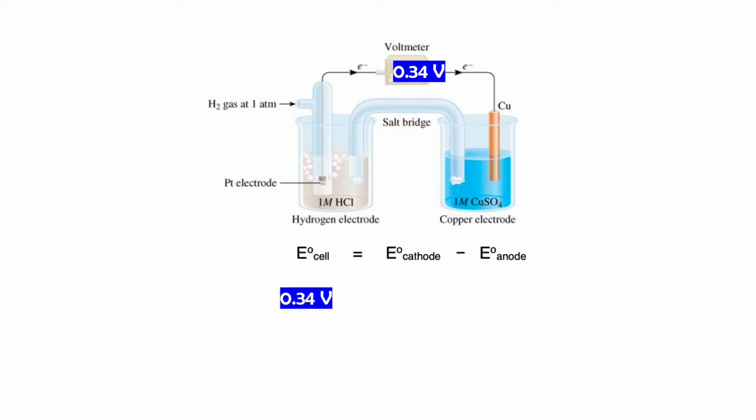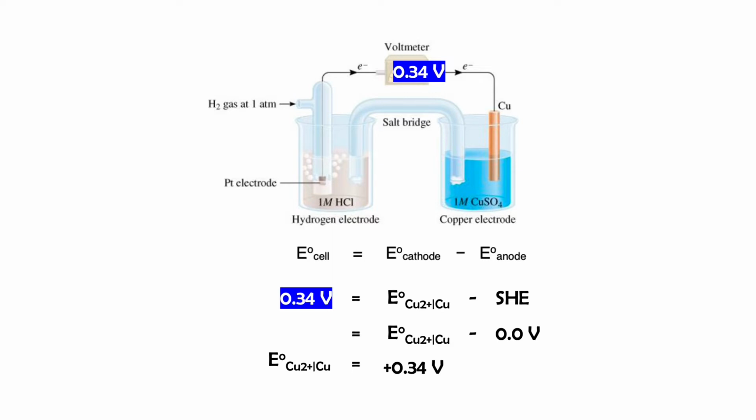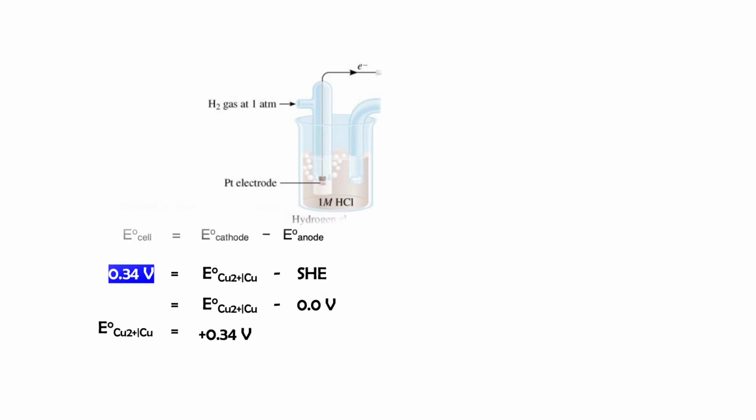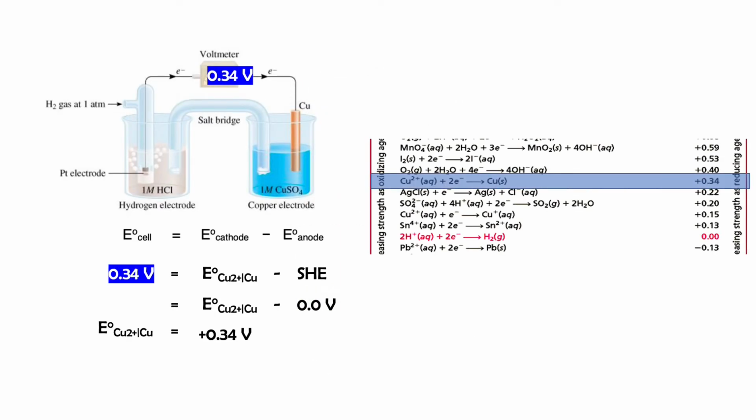So our cell potential here, which is 0.34 volt, will be equal to the SRP for copper minus the SRP for the standard hydrogen electrode. The SRP value for the standard hydrogen electrode is 0. Therefore, we get the SRP value for copper, which is positive 0.34 volt. And thus, you get the SRP value here.